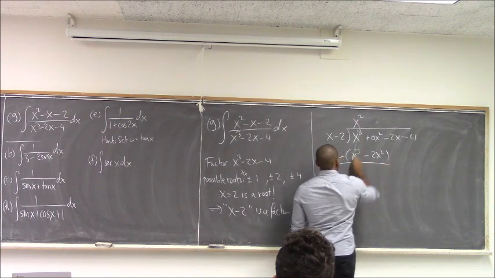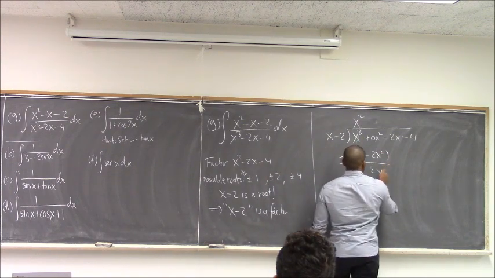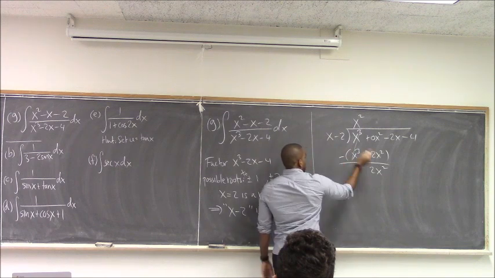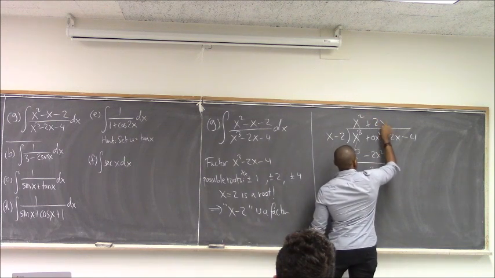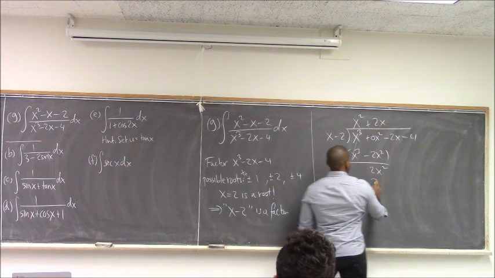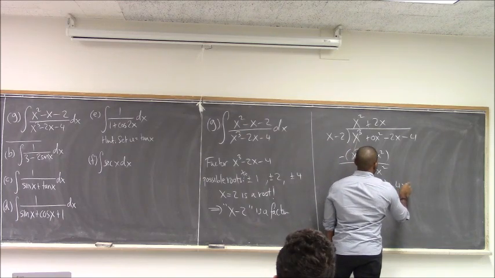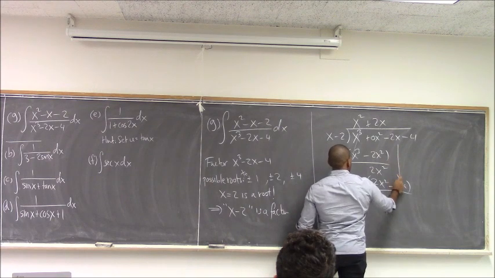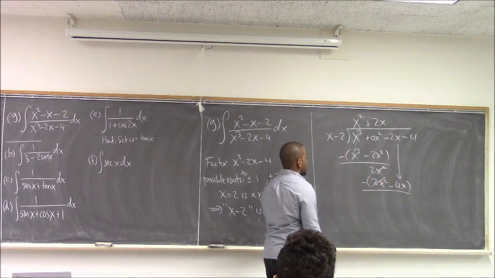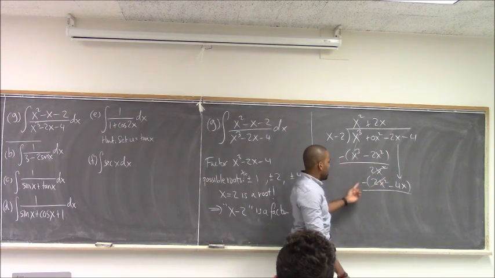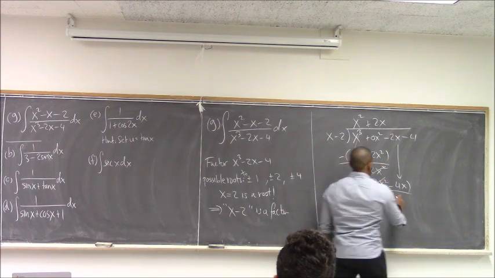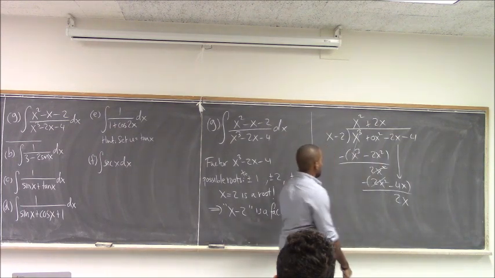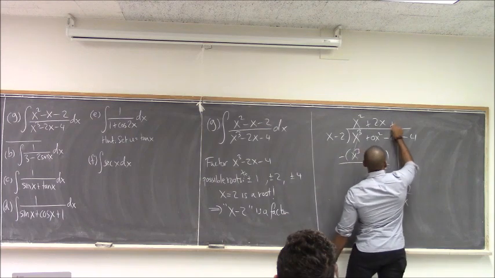Subtract this from the top, the x cubes kill each other. Here you get 2x squared. x into 2x squared goes plus 2x. Take that, multiply everybody, you'll get 2x squared minus 4x. Subtract that, the 2x squares die. You will have a minus 2x plus 4x, that'll give you 2x. x into the 2x goes plus 2.